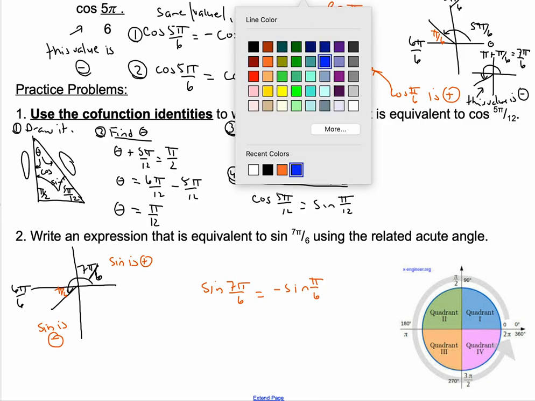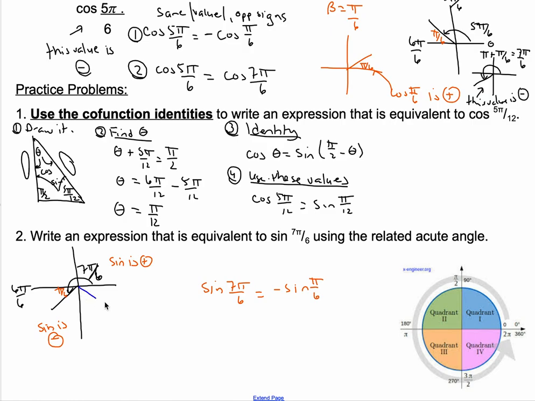Okay. Another option for you would be to go here, right? So 11 pi over 6, sine is also negative here. So you could say the sine of 7 pi over 6 is exactly the same as the sine of 11 pi over 6. But I'm not looking for the numbers.